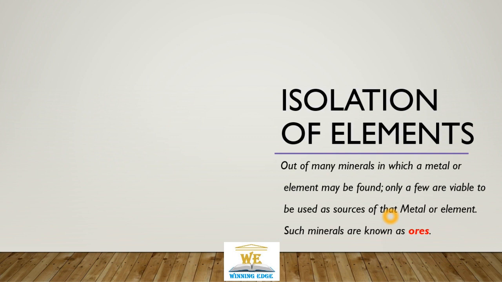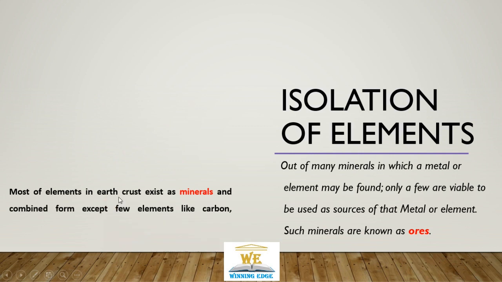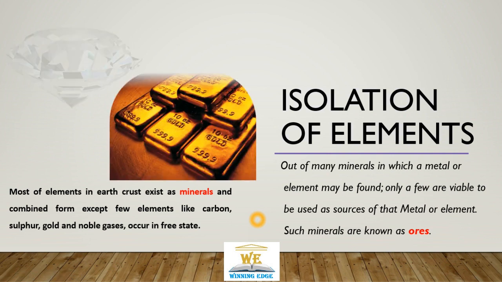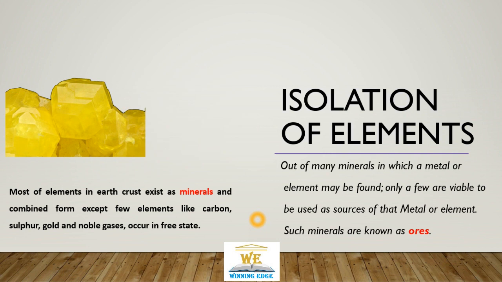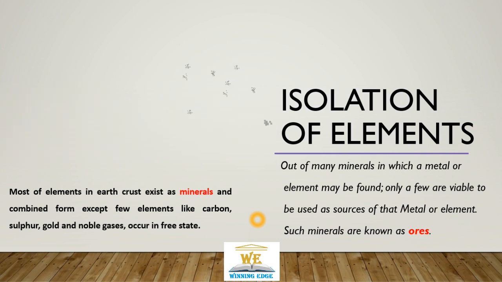Viable means economical viability. Most of the elements in Earth's crust exist as minerals in combined form, except a few elements like carbon, sulfur, gold, and noble gases that occur in the free state.